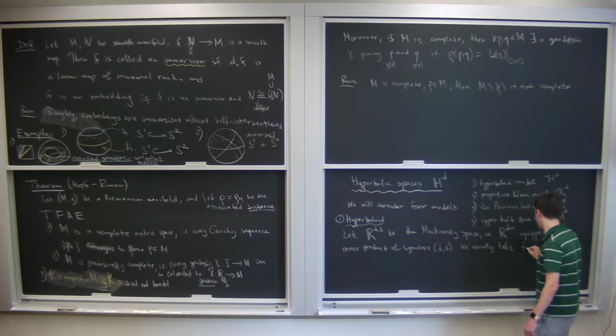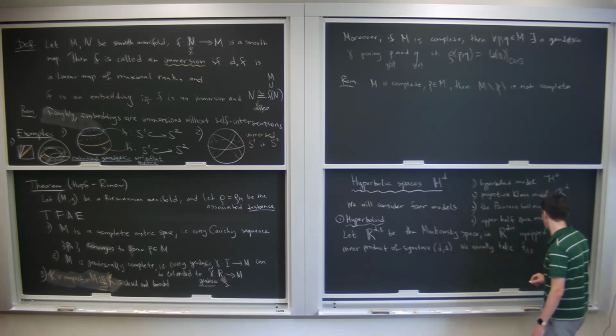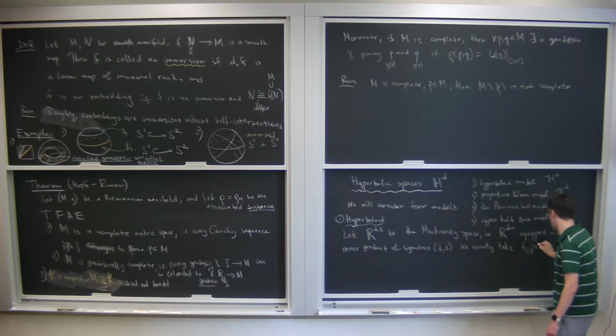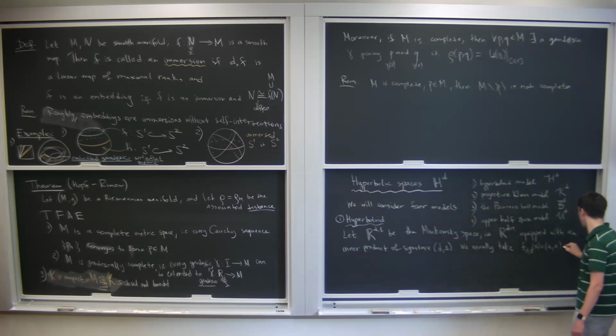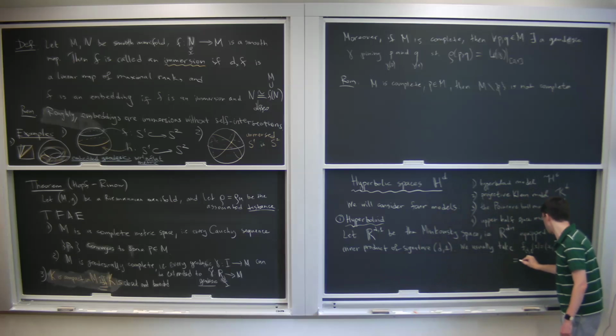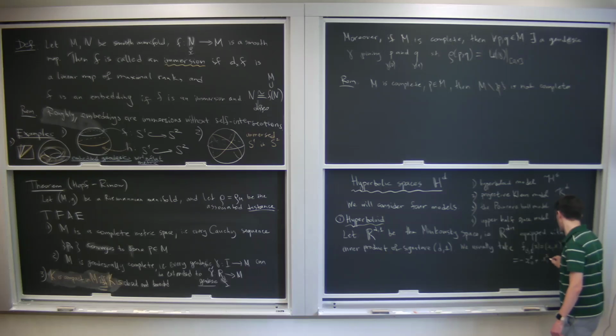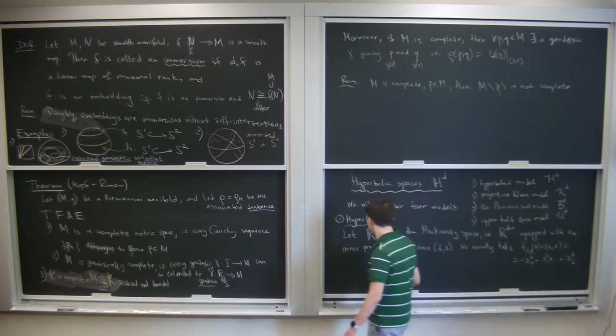Sometimes I will denote it by f_{D,1}(x), but usually I prefer just to write x, x in brackets. And the quadratic form associated with this inner product is given by minus x0 squared plus x1 squared plus, and so on, xD squared, right?